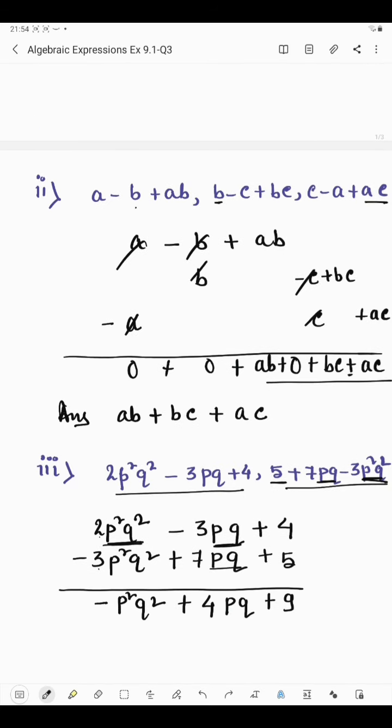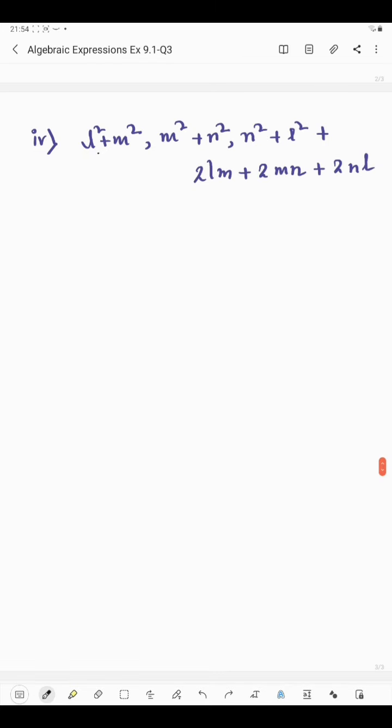Okay, now coming to the fourth part. In the fourth part we have l square plus m square, then m square plus n square, comma n square plus l square, and then we have 2lm plus 2mn plus 2nl. So we have 1, 2, 3, 4 expressions.